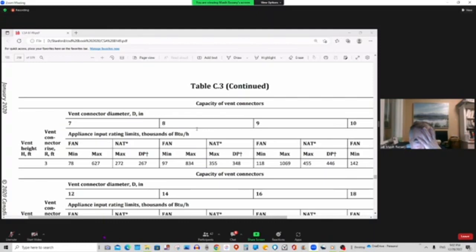How much was my capacity? 120 plus 80, 200,000. The first DP fan plus natural is 95. The second DP fan plus natural is 139. The third one is 194.